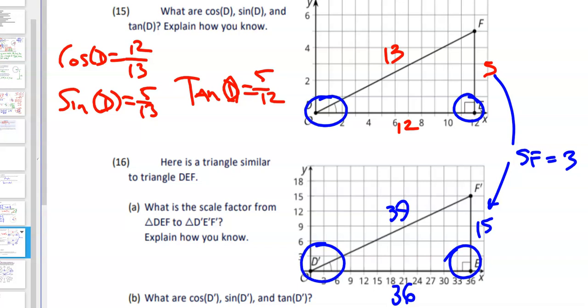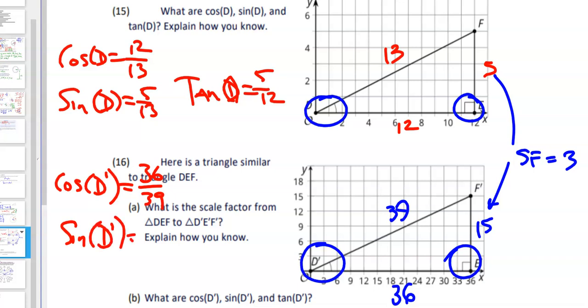The last part of this is the cosine, sine, and tangent. So cosine would be 36/39. Sine of D prime would be 15 over 39. And then the tangent of D prime would be 15 over 36.